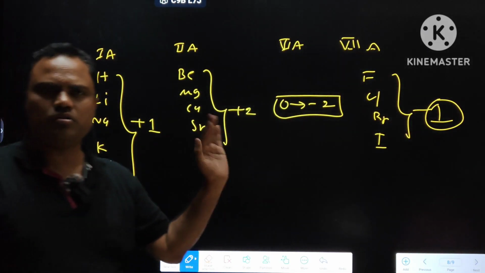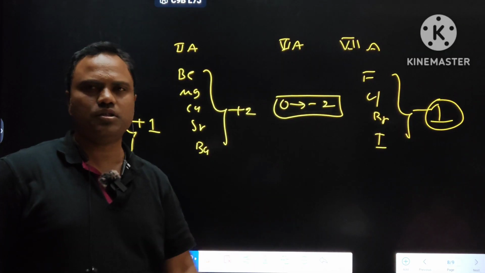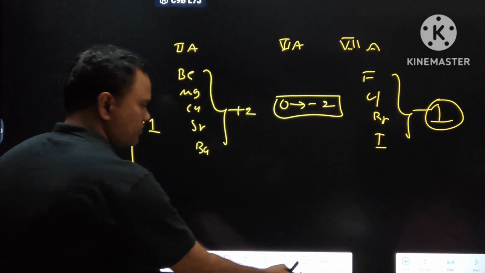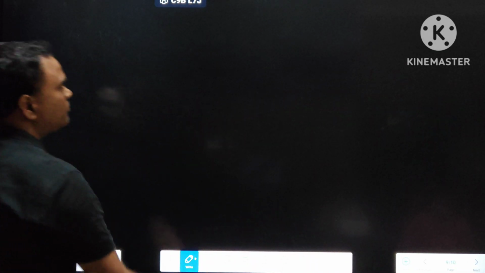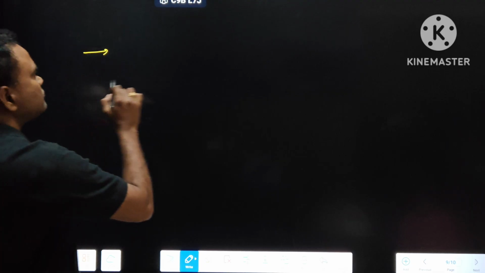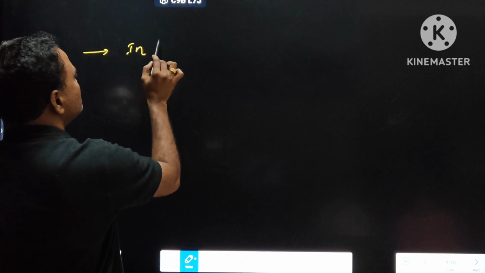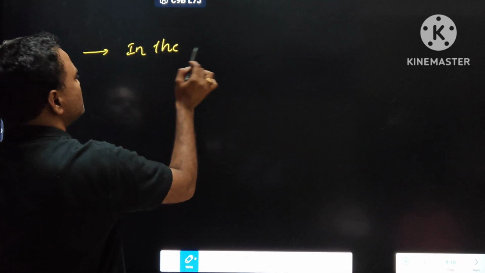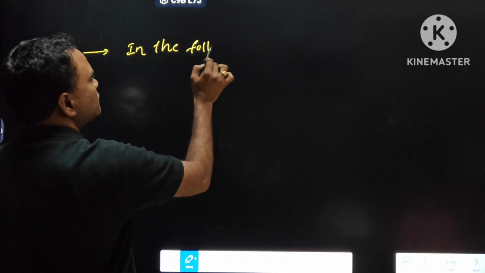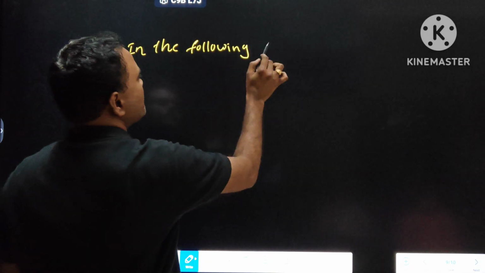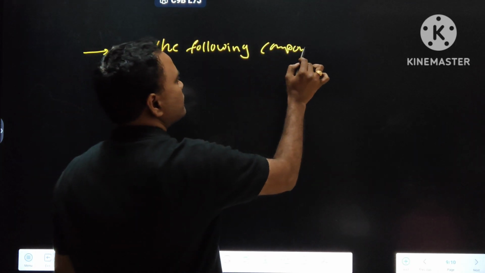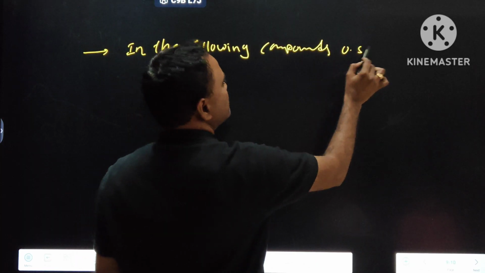Okay, did you finish? Now write some important theory points. In the following compounds, the oxidation state of the element is 0. What are those compounds?